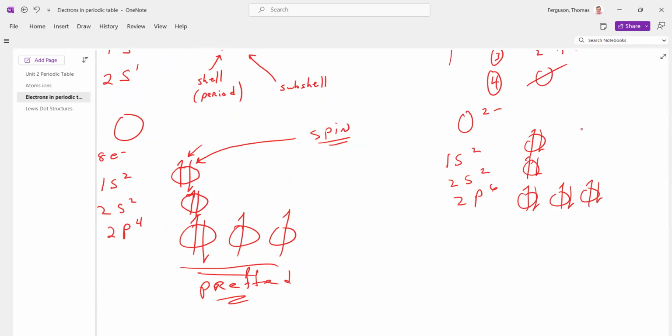Full shell, full shell. So that's why, number 1, the noble gases are so stable, full shell. Number 2, elements that normally you don't find by themselves form ions so they can fill up those orbitals or take electrons away.